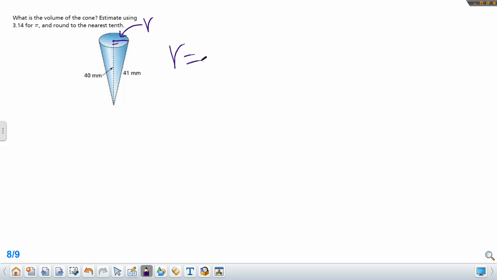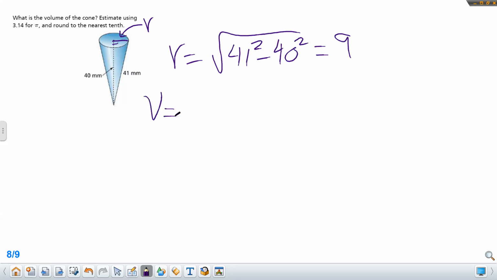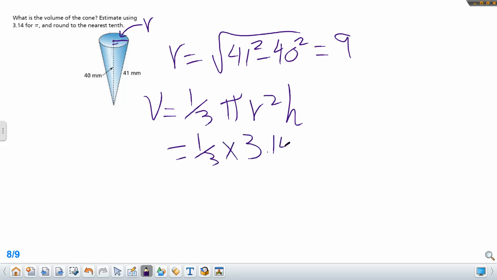Using the Pythagoras theorem, the radius will be the square root of the hypotenuse power 2, which is 41 power 2, minus 40 power 2. It will be 9. So the radius equals 9. Then now you can find the volume, equal 1 over 3 pi r square height, equal 1 over 3 times 3.14 times radius power 2, which is 9 power 2, times height, which is 40.